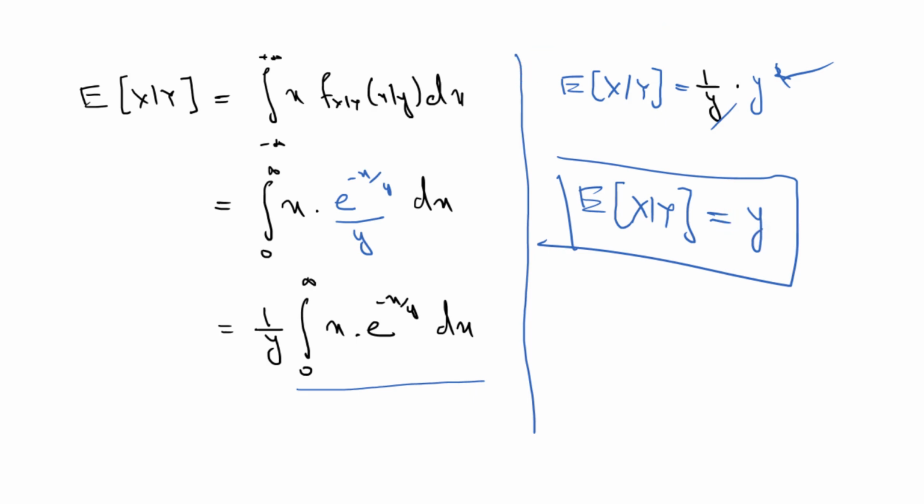There is a useful property of conditional expectation which can be represented as expectation of x is equal to expectation of expected value of x given y.